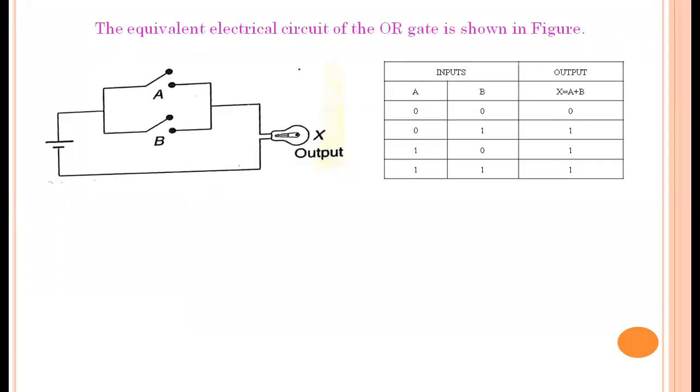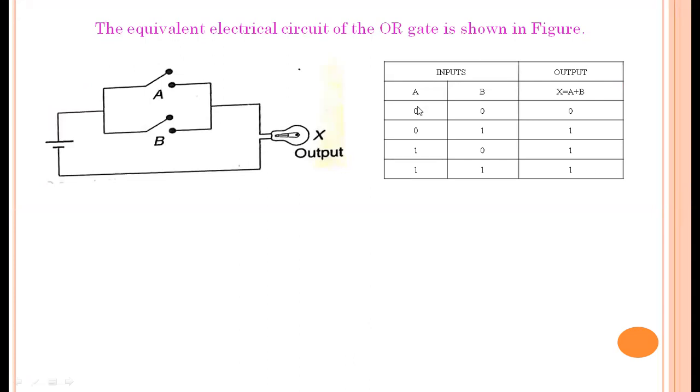This OR gate can be constructed by different methods, using electrical equipment or electronic equipment. The electrical equivalent circuit of the OR gate is shown in this figure. This is a battery, there are two switches A and B, which are the inputs, and a bulb is connected in series, which shows the output.